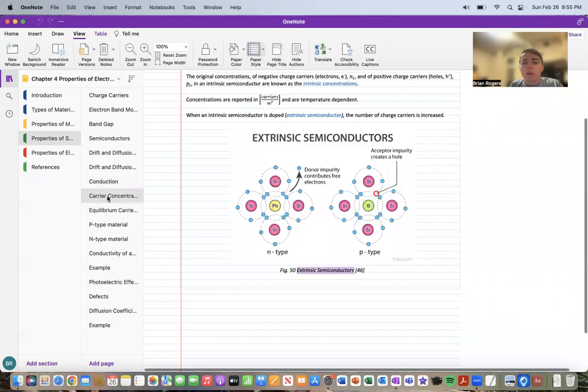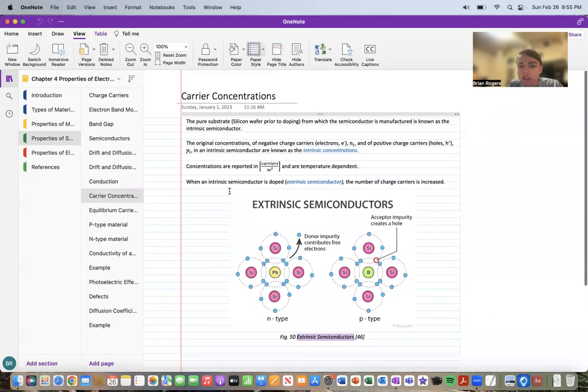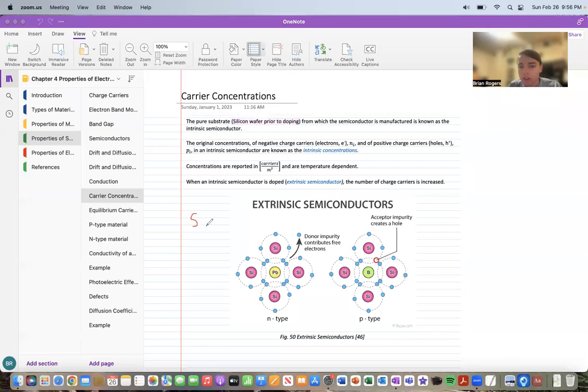Okay, so we're going to look at carrier concentrations. The pure substrate, the silicon wafer, is pure before we dope it. The silicon has 4 outer electrons, and so it's intrinsic. So it just has 4 right now.